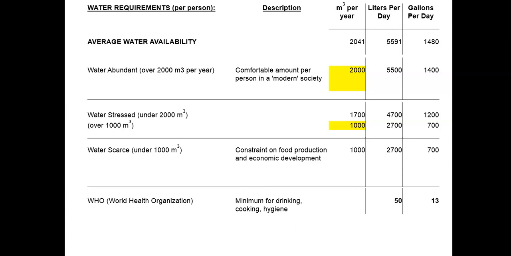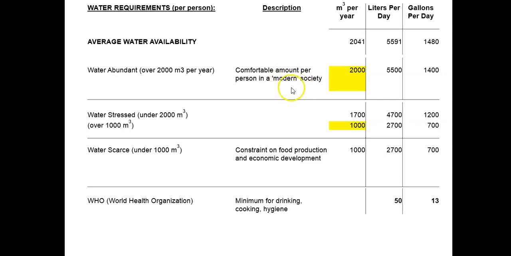Most of the water we need is for agriculture, to grow the food that we eat, which we'll talk about, how crazy amounts of water that takes, in the next section on agriculture. And industry. Industry uses a tremendous amount of water, although it's not nearly as obvious why, but it does. So most of the water needed for us to have a modern society is for the food that we eat and the products and services that we buy.